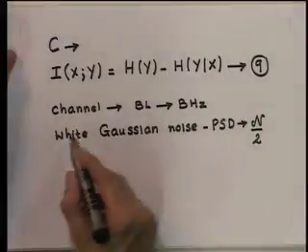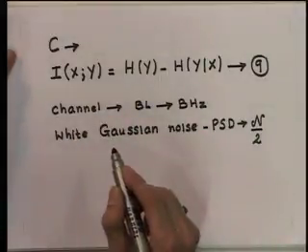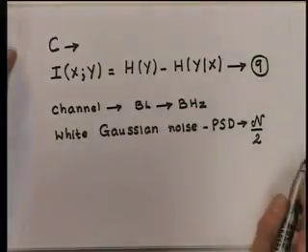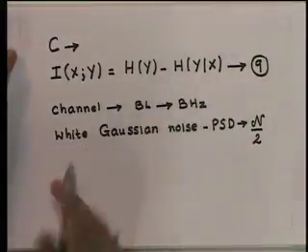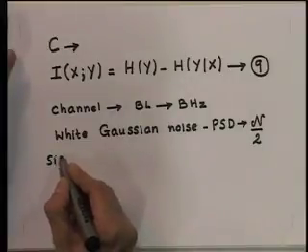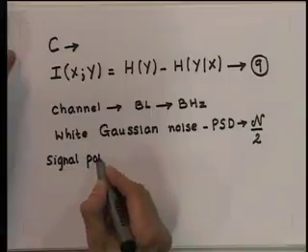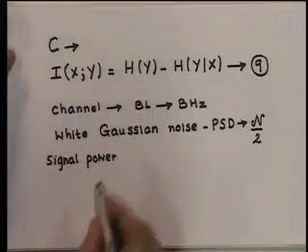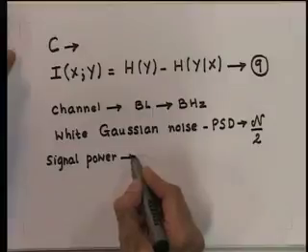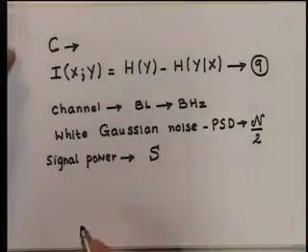We assume that this noise disturbs the channel in an additive fashion. In addition, we shall constrain the signal power, that is the mean value of the signal, to capital S.